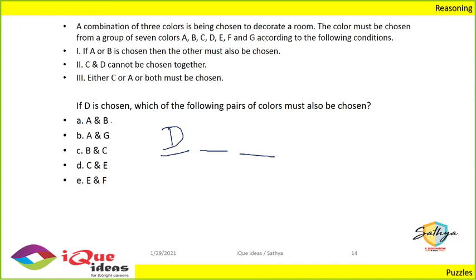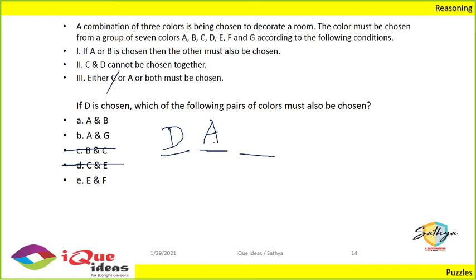So what are the conditions? If D is already chosen, it says C and D cannot be chosen together. So C gets eliminated. Any option with C cannot be selected. The third condition is either C or A or both must be chosen. And obviously C cannot be chosen. So A becomes compulsory now.